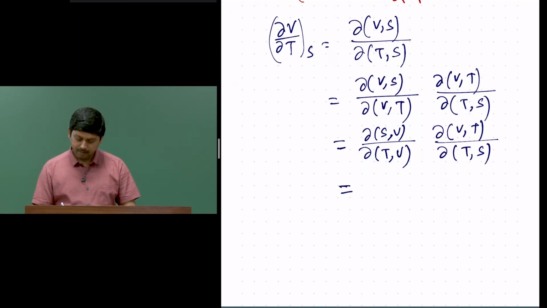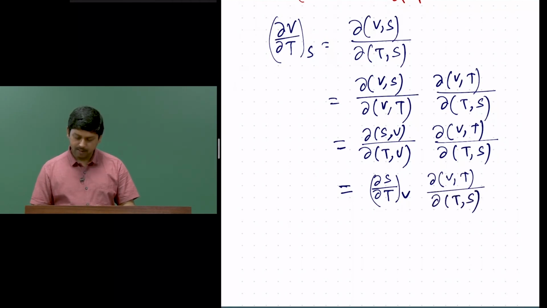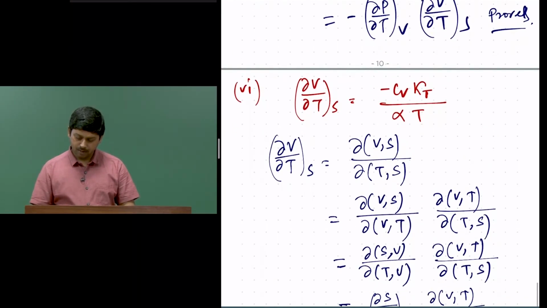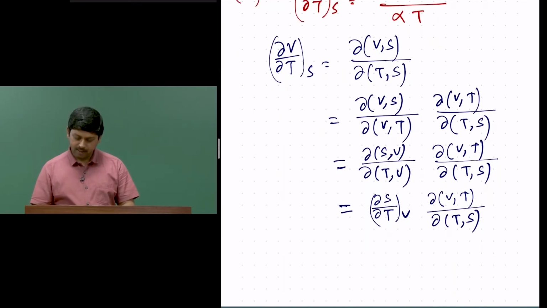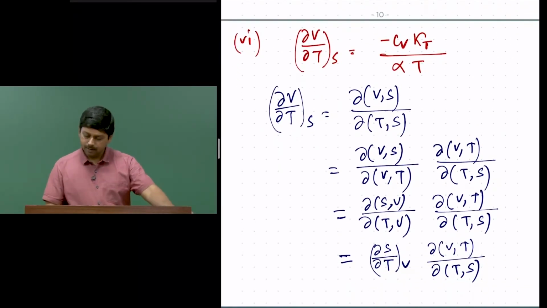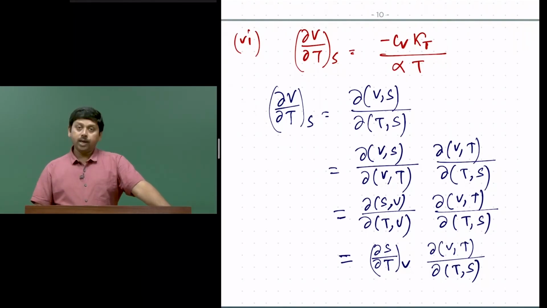So, we get here del S by del T at a constant V, which is C V by T, we know that, and that is del V T by del T S. We did not do anything with that yet. Was it helpful? I do not think it is so helpful. Okay, of course, we get C V by T here. We need, okay, I think it is helpful. We know why it is helpful, because we have already done that before.